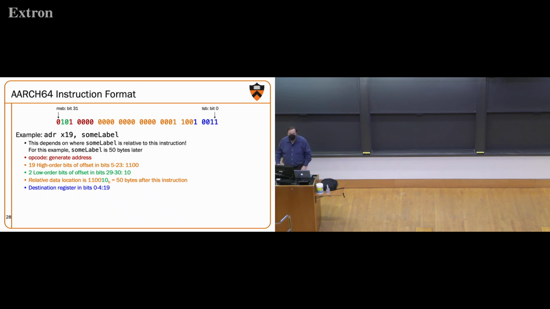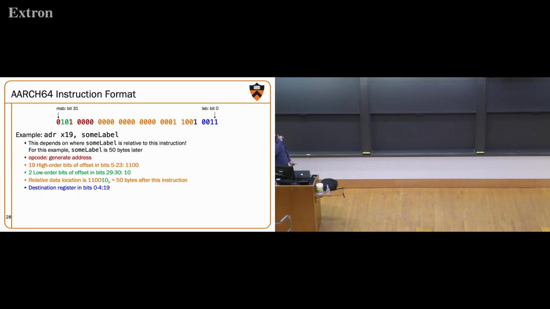So if you have an instruction that looks like this, in order to figure out where that is in memory, you have to take these bits in orange right here, concatenate them with those two bits right there to get the complete offset, and now add that to the location of this instruction.